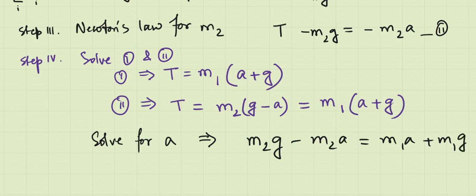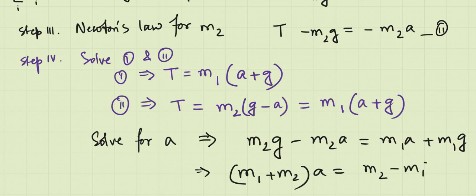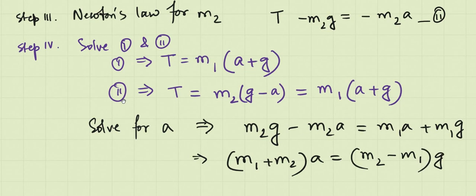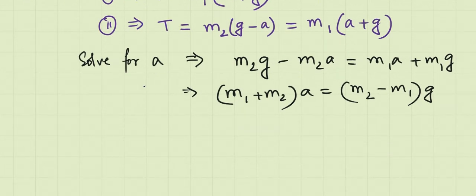Bring all the a's to the same side, so we have m1 plus m2 times a equal to, bring all the mg together. So what do we have? We have m2 minus m1 times g, and that allows us to solve for a.